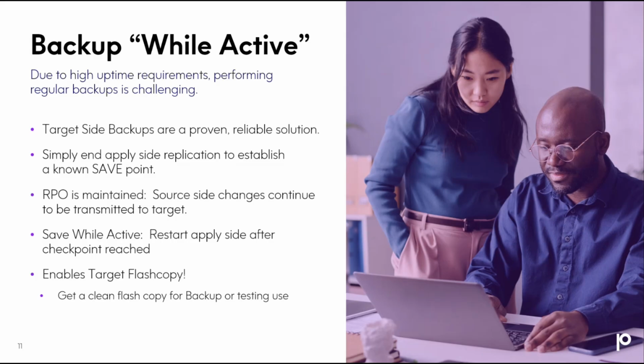By the way, when you do this with Mimix or iTERA QuickEDD, you make flash copy way better, right? Because if you've ever tried flash copy, you run into things like dirty flash copies. That's what happens when you try to flash an active LPAR: you get a dirty flash copy, and when you try to IPL that LPAR, it may not come up.